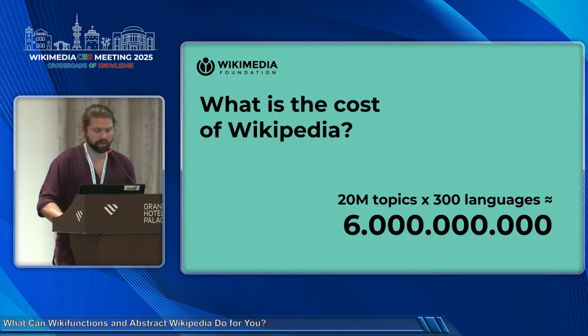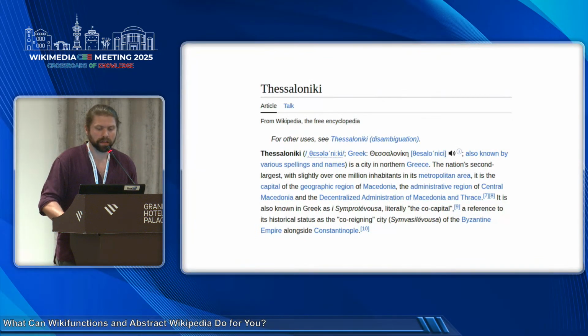How you get to that number is of course hazy, but that's the right order of magnitude. And there are about 300 language editions of Wikipedia. So if you multiply that, you get 6 billion. That's 6 billion units of effort needed if you wanted to represent all of the knowledge that exists in Wikipedia in every language.